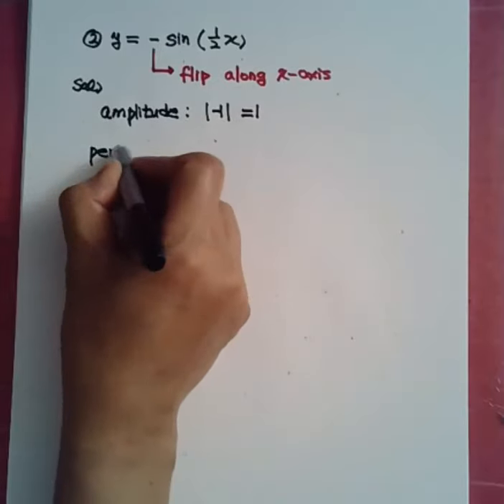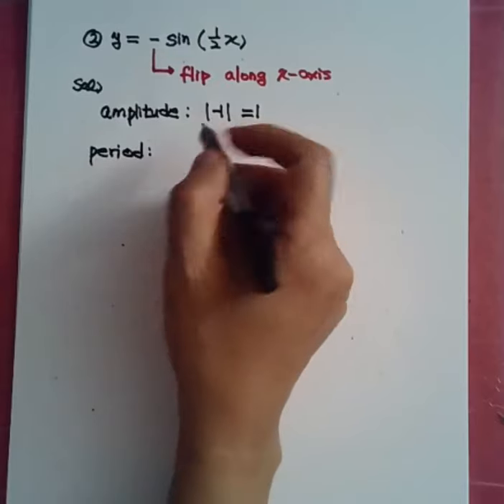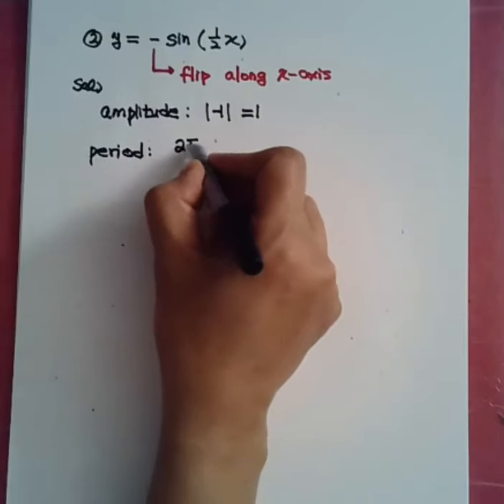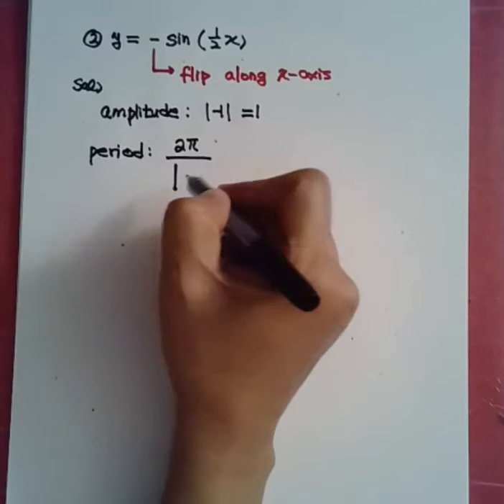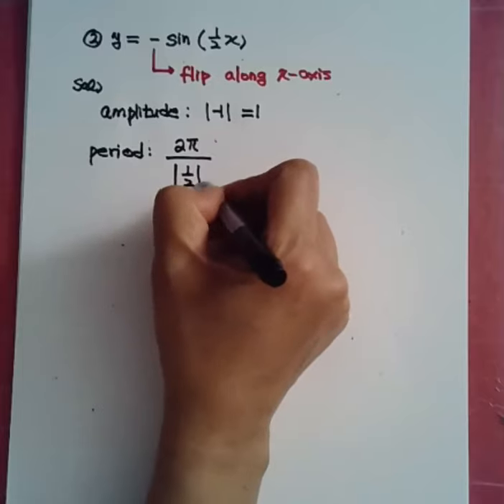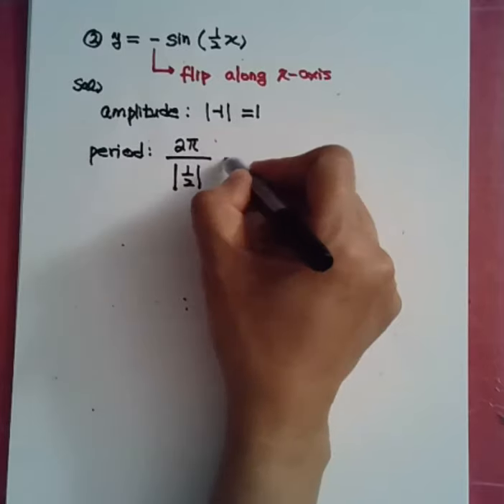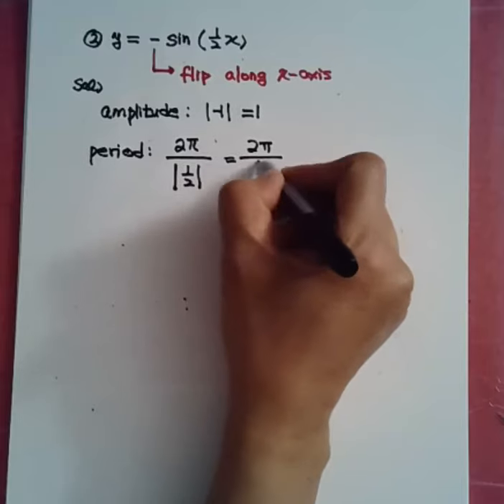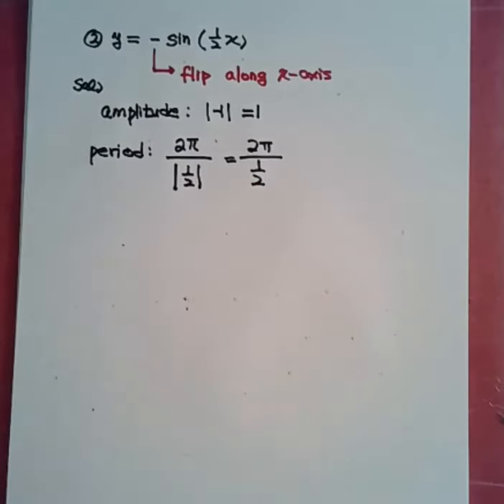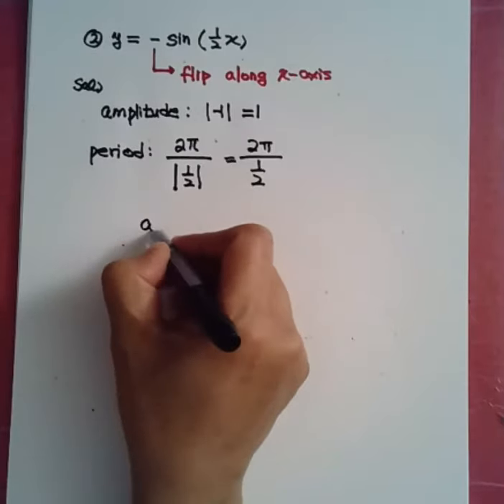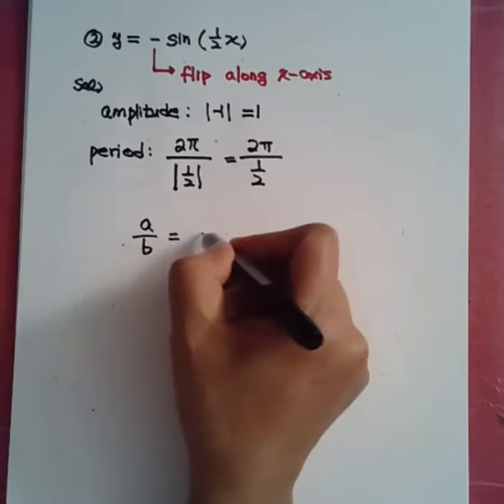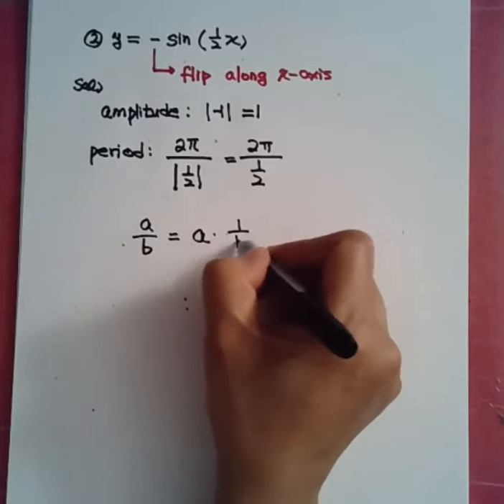And period was, by its formula, 2 pi divided by absolute value of 1/2, which is just 1/2. Unfortunately, this is a number over a fraction, so we will use the principle that a/b can be written as a times 1/b.